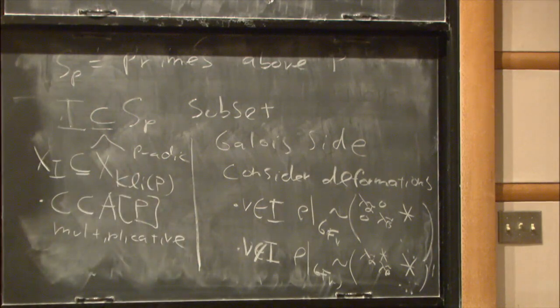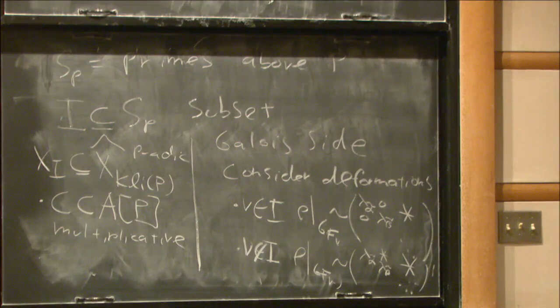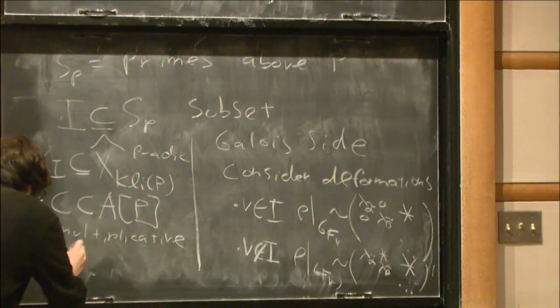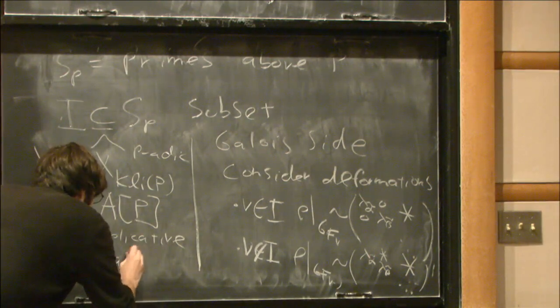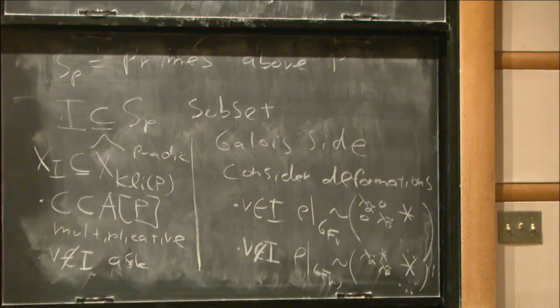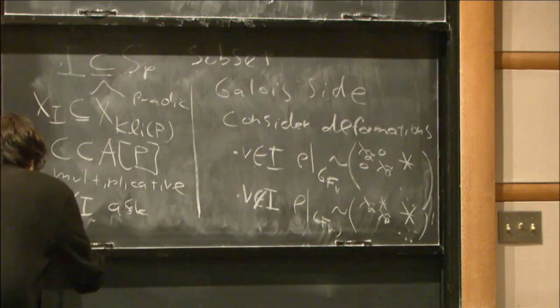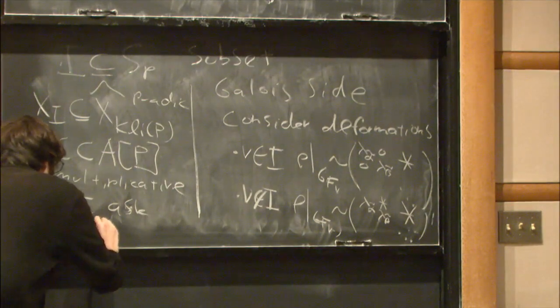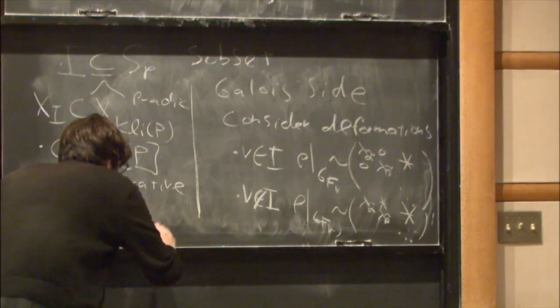So so far this hasn't involved the set I, but then additionally for v not inside I, you also ask that the p-divisible group at v has p rank 2.